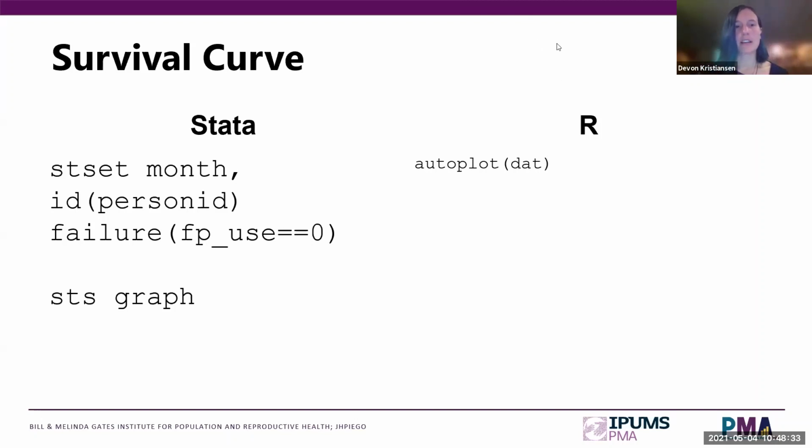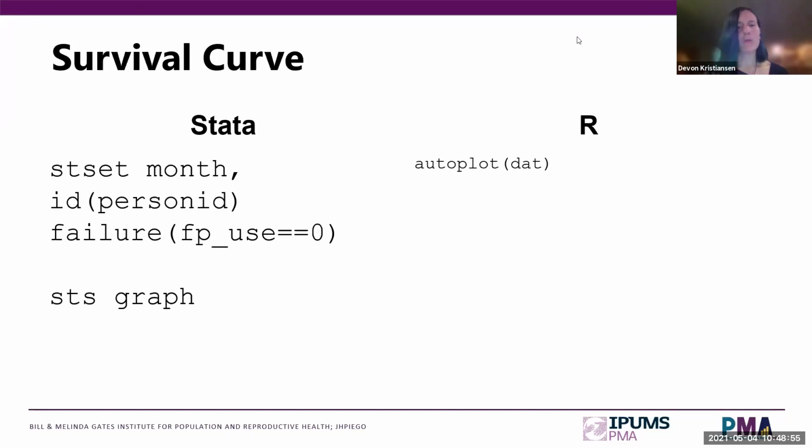And lastly, I'm telling Stata that I'm considering a failure to be when the woman is not using family planning, so if her FP use is 0 rather than 1. And then after I've told Stata that's my analysis, all I have to do is say STS graph.